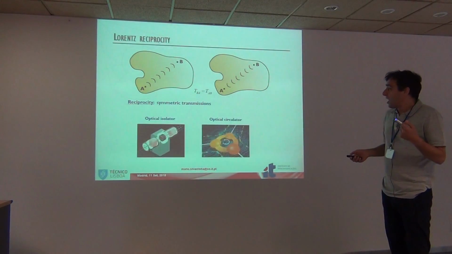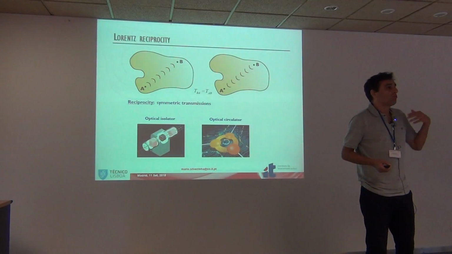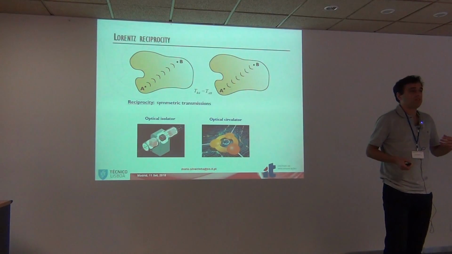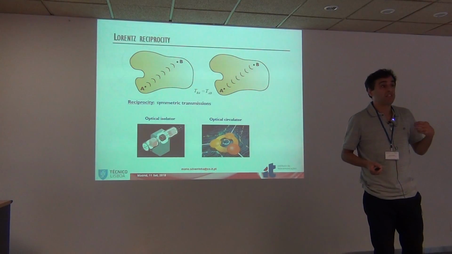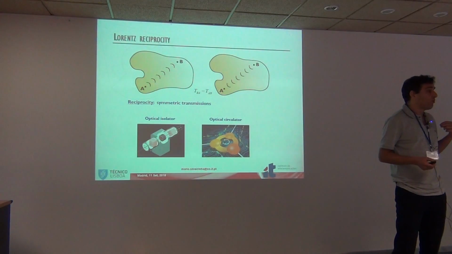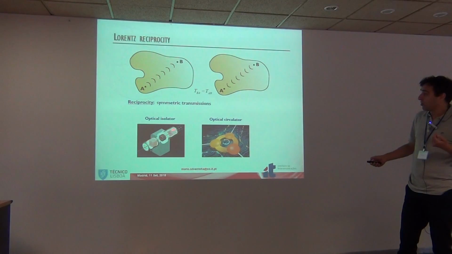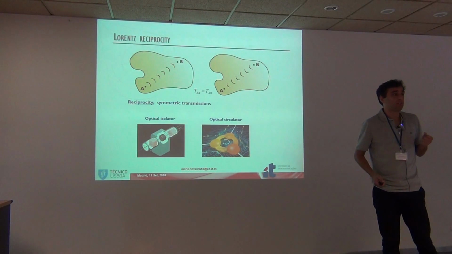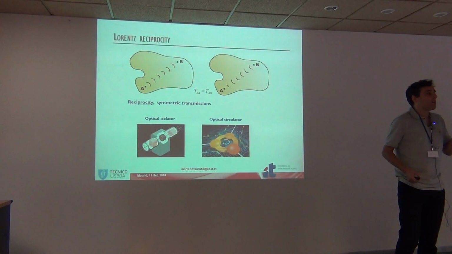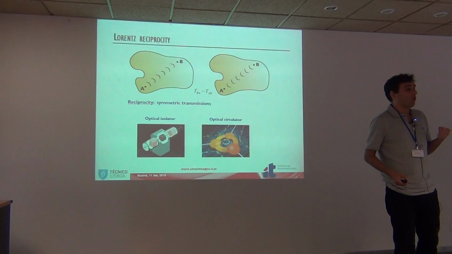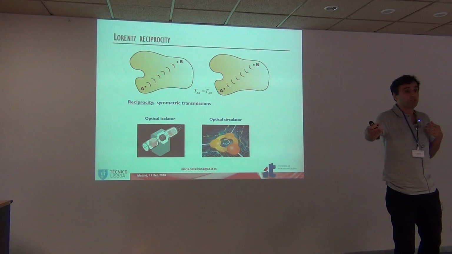Sometimes this is good. Other times we would like to break this reciprocity, because in some instances you would like to have systems that just allow the wave to go in one direction. And this is used commonly, for example, in an optical isolator. Imagine you have a laser, a very high power source, and you want to protect it from reflections from the load.